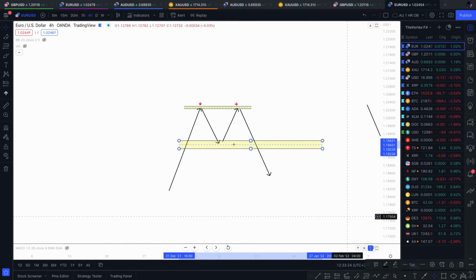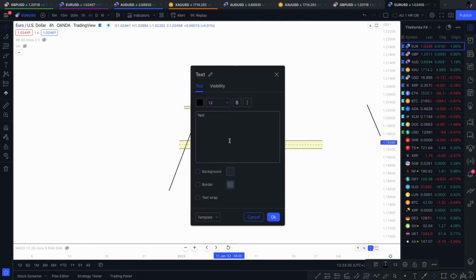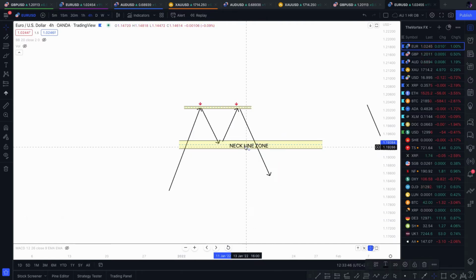We'll put the text in there, and we will call it neckline zone. All right, let's put the writing a little bit bigger. There we go. This area is our neckline zone.